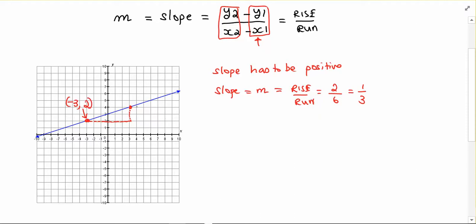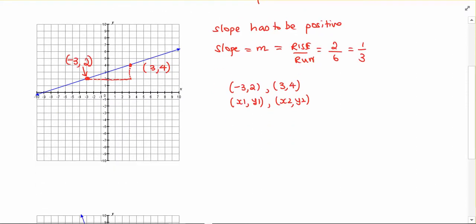The coordinate for this point right there is +3 and 4. So we have 2 points, -3 and 2 and 3 and 4. We think of this as x1 and this is y1. We can think of this as x2 and this is y2.